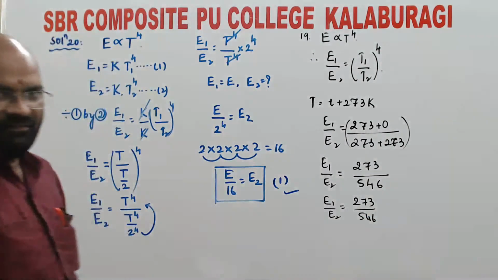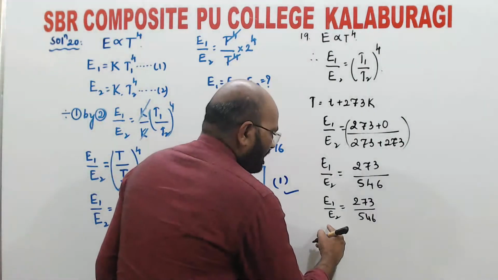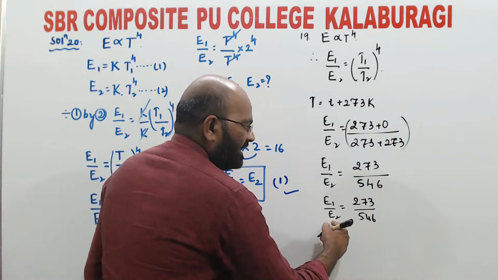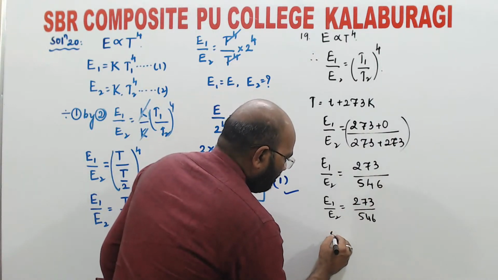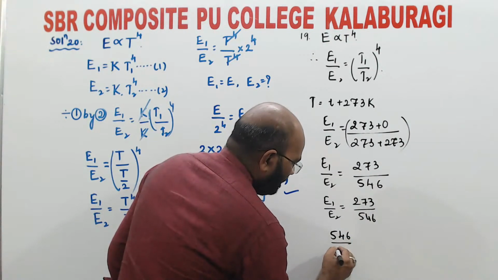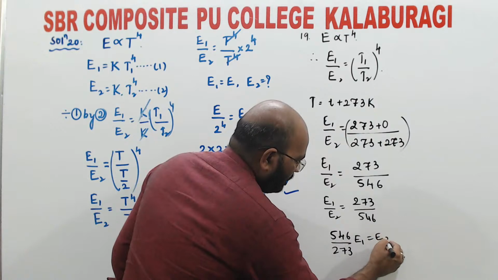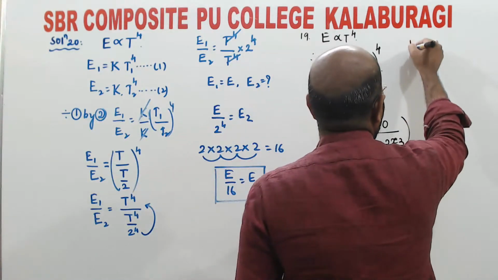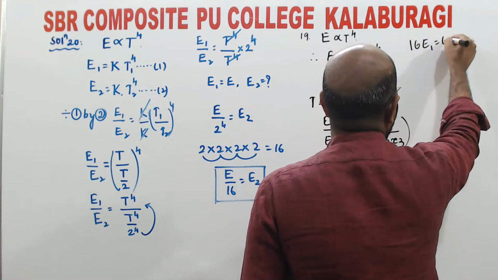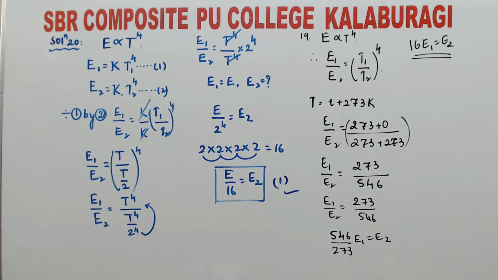Then divide this, and you will get the answer 16 times E. So make a cross multiply because we need the E2 value. 546 divided by 273 times E1 is equal to E2. Therefore, 546 by 273, you will get 16 times E1 is equal to E2. The option number, you'll get option number first one.